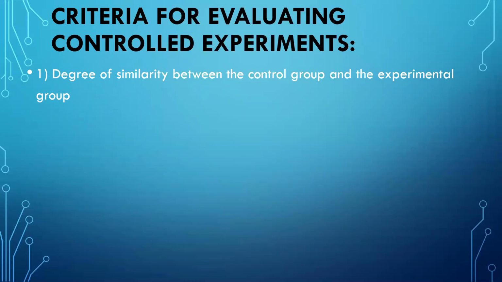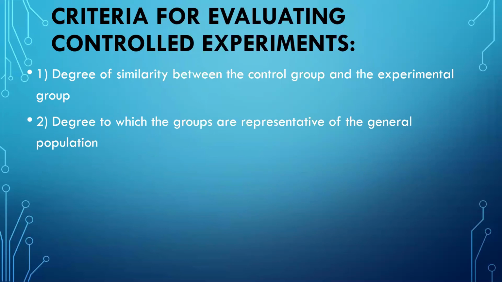How well did you do at matching the characteristics under investigation? That's going to play a role in how well the experiment determines a cause. Second, the degree to which the groups are representative of the general population. So you want to do this with groups that represent the broad population as a whole.